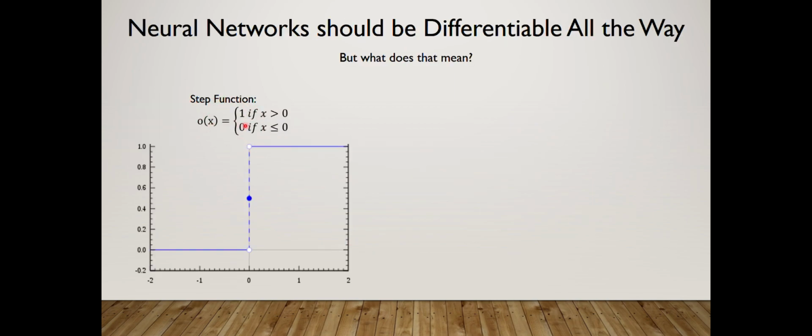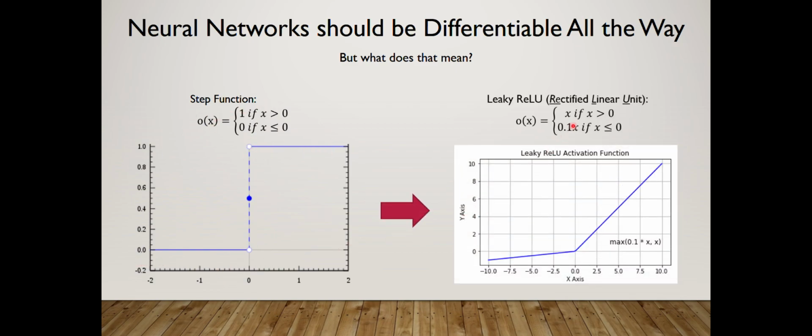I'm going to replace the step function, which again I've shown here, with a more modern activation function, which is used to this day, called the leaky ReLU function. ReLU means rectified linear unit, which is basically 2 lines attached to each other at the 0 point. If the input is positive, it's just the identity, so y equals x.